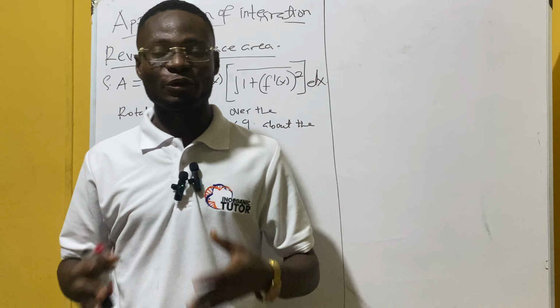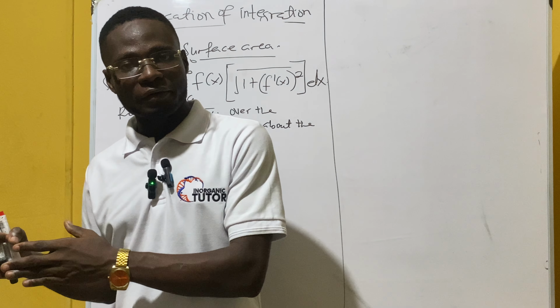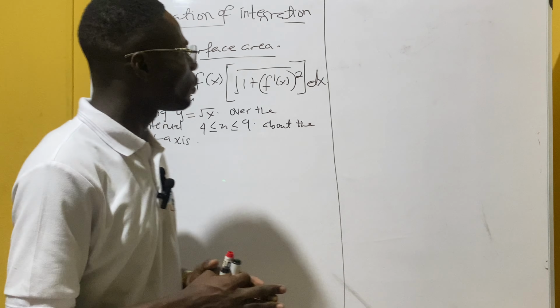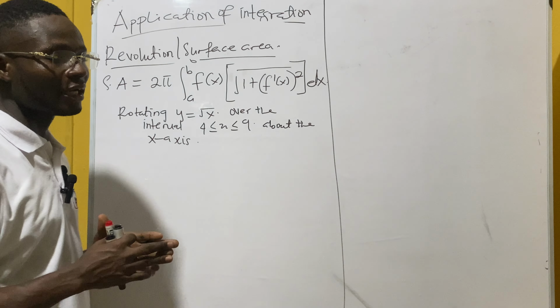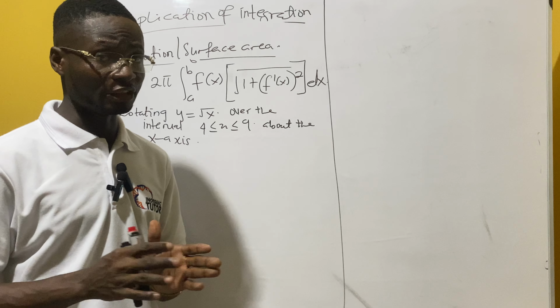In this episode, we are going to talk about the revolution or the surface area. When we talk about the surface area in integration, that is one of the applications of integration.